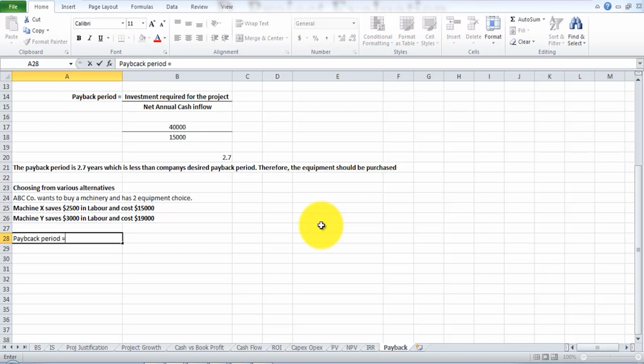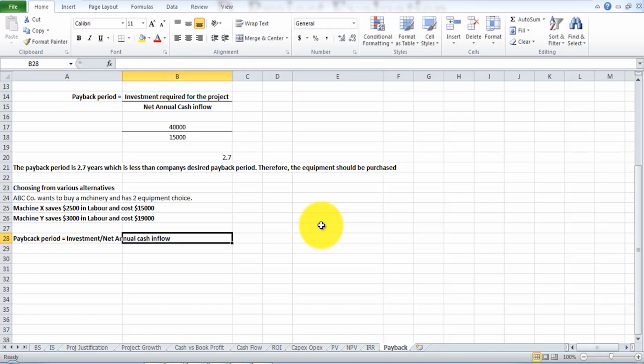the payback period is equal to the net annual cash inflow, which here will be equal to the savings made by the machine. Any avoidance of cash outflow is as good as a cash inflow when you're computing this payback period. So payback period will be equal to the investment for the project divided by net annual cash inflow.